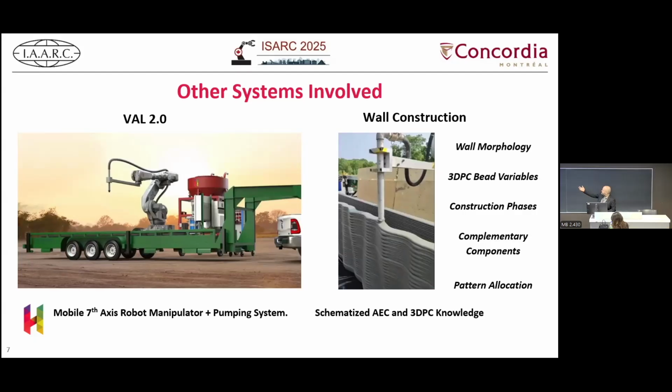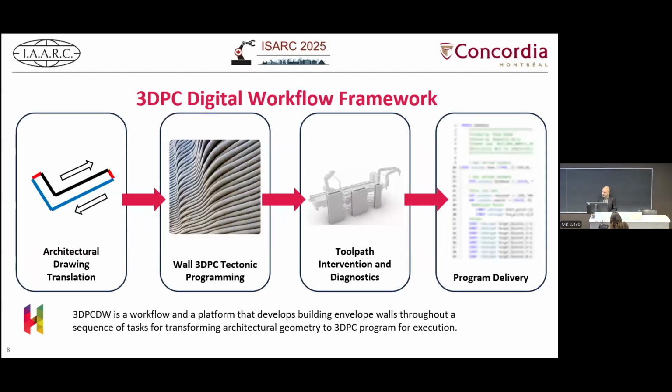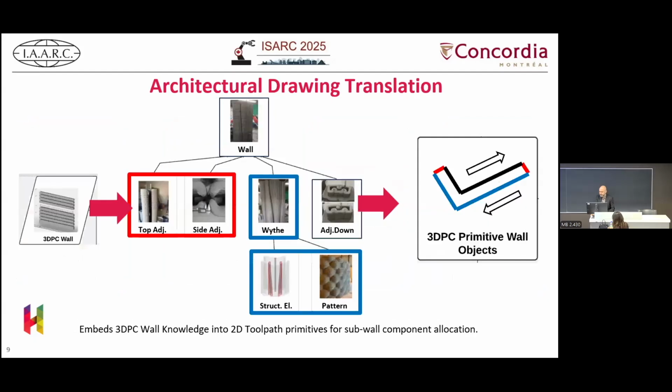I explained BAL, but the other system involved is the wall's construction knowledge, the cluster of schematized AEC and 3DPC knowledge in terms of recipes, a group of variables, etc. This digital workflow consists of four main clusters that develop the building envelope in sequence, transforming the architectural geometry into a 3D printing concrete program for execution.